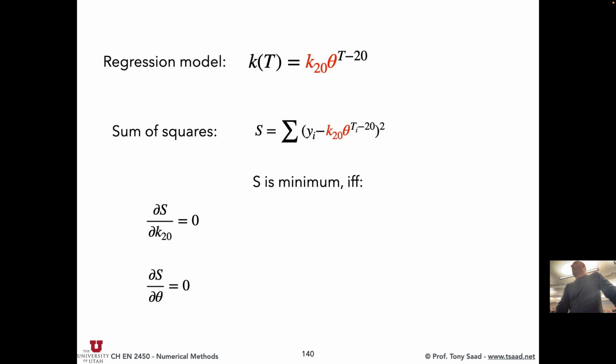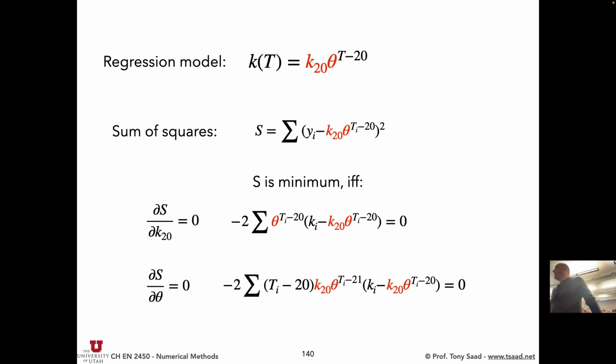Now here goes a tedious differentiation, and I'm giving you the answer here. Try to do the work at home. It probably takes about 5 minutes to figure out, but these are the nonlinear equations that we need to solve to obtain k20 and theta. So curve fit is doing all of that heavy lifting for you. Without even knowing the normal equations, it's doing auto differentiation internally.